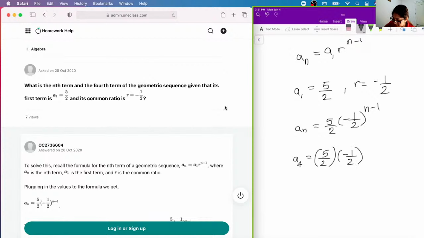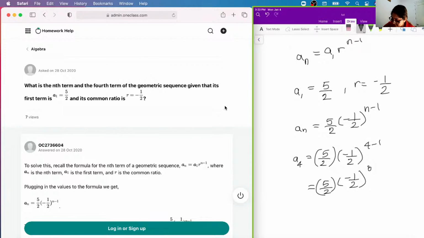We're still keeping these the same. Only your n is going to change, which is 4 in this case, so 4 minus 1. And so you have 5/2 times -1/2 to the power of 3.